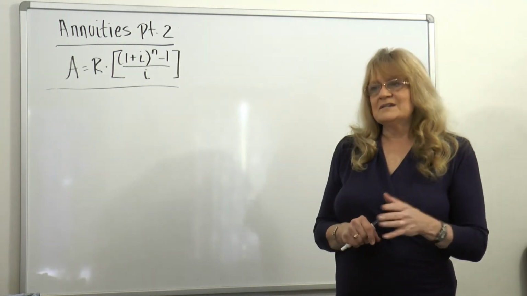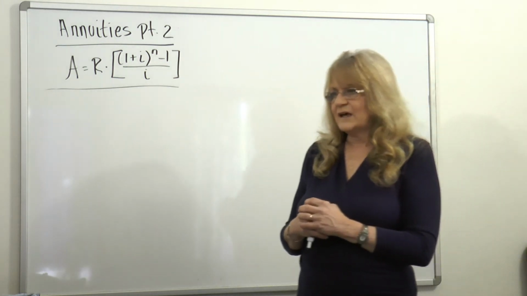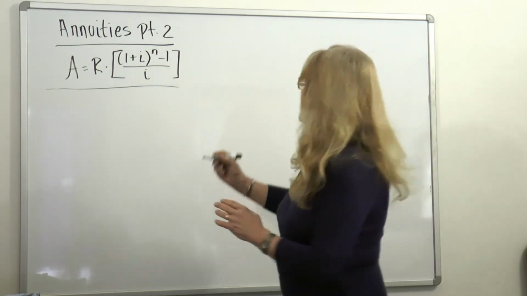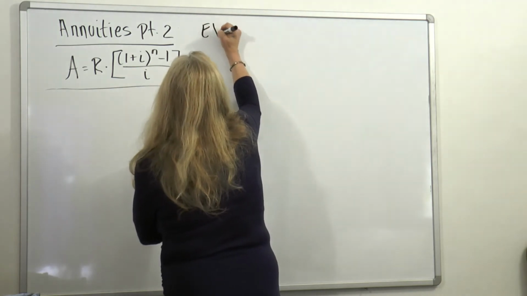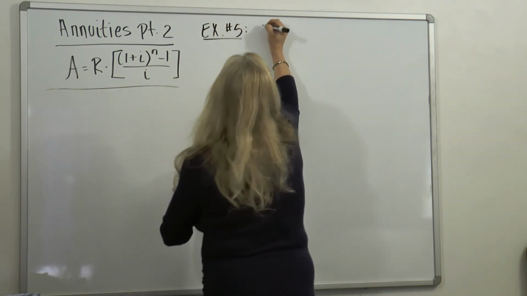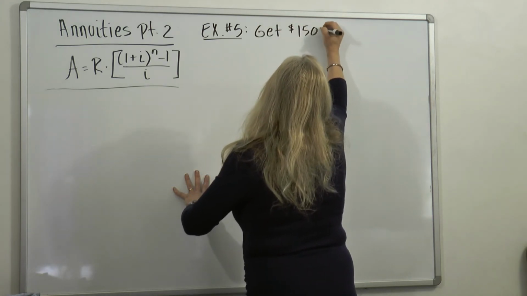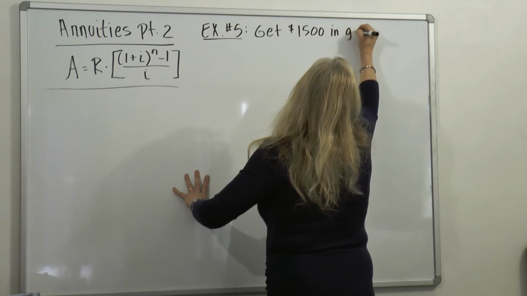So let's say this is the case. You graduate from college, and you get a lot of gifts and things like that. And let's say you get $1,500 in gifts. This will be example number 5.